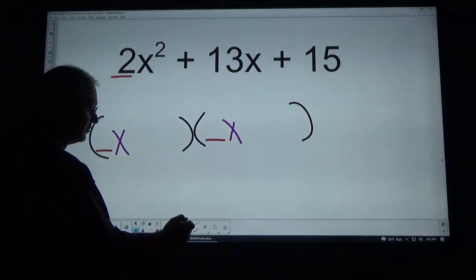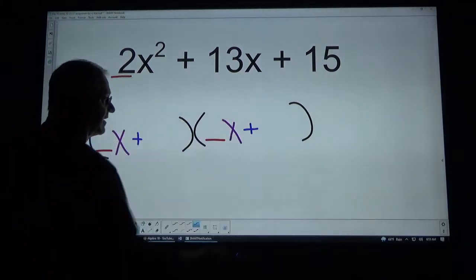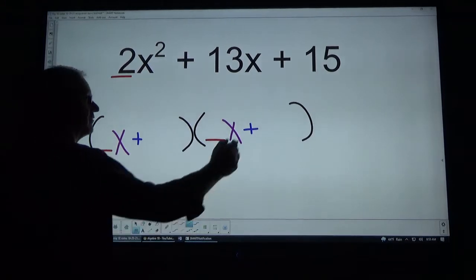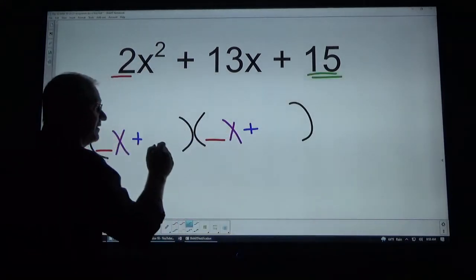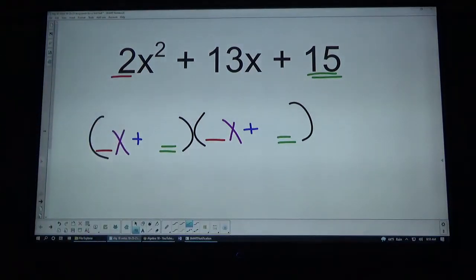We need to include our signs, which are plus and plus in this case. And we also need a pair of numbers to give us 15 that go at the end of each. Now, the double underline goes at the end of each parenthesis. The single underline goes at the beginning of each parenthesis.